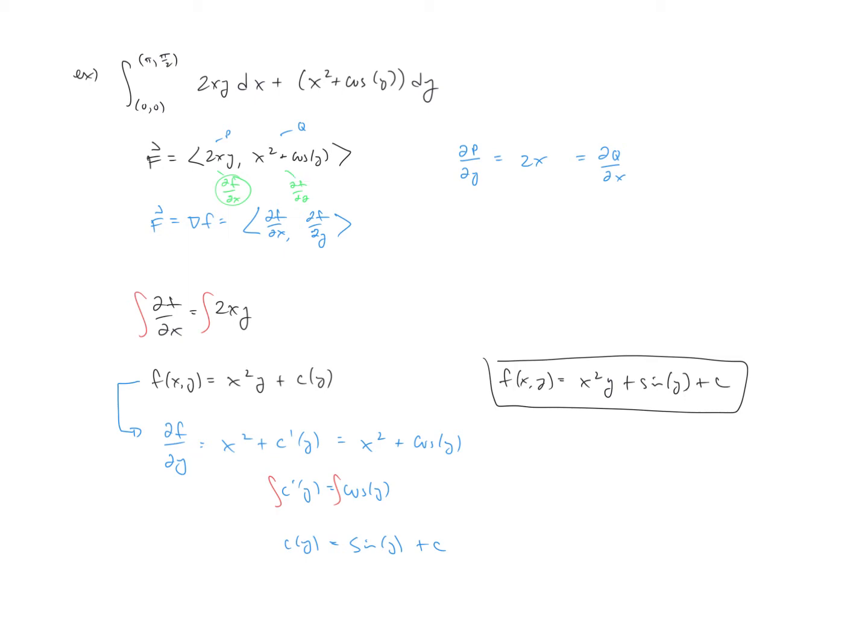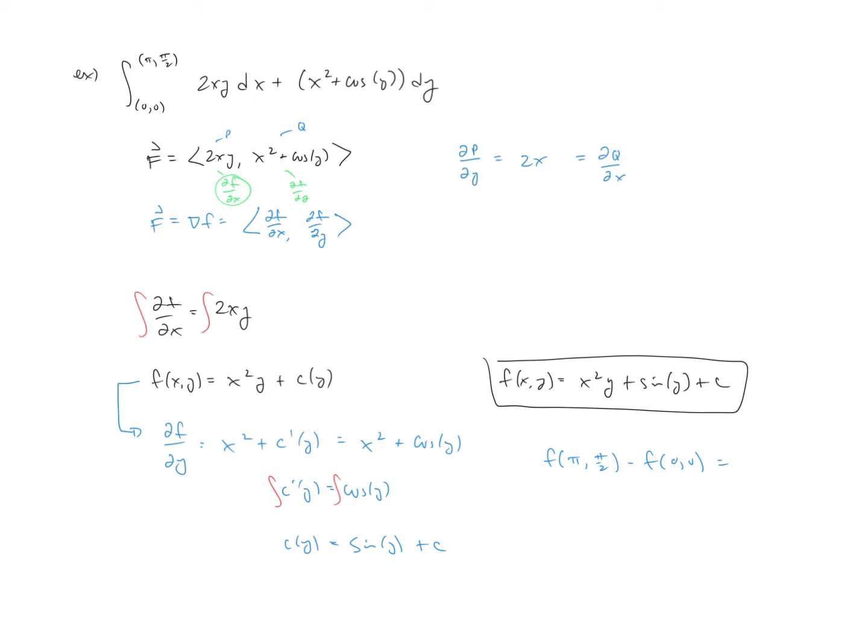Now, in this case, they actually want us to compute this line integral. So the fundamental theorem says that we'll just go ahead now and take f of pi over 2, comma, 1 minus f of 0, 0. And so you're plugging this in for x and this in for y. You're plugging this in for x, this in for y here.